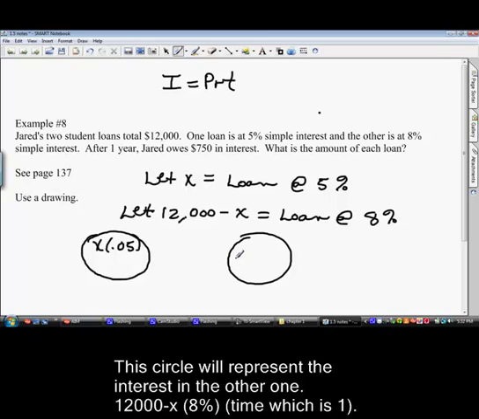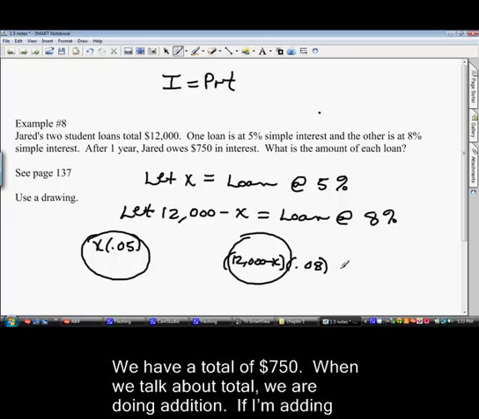Principal, which is 12,000 minus X. I'm not going to be able to fit it in my circle, am I? Principal times rate, which is 8. And again, times time, which is 1. Now, we have both of these things that represent the interest. We have been told that we have a total of $750 in interest.